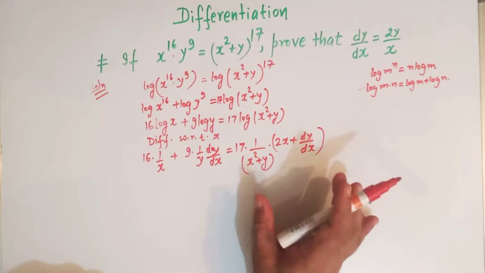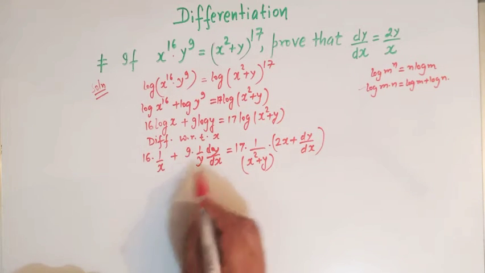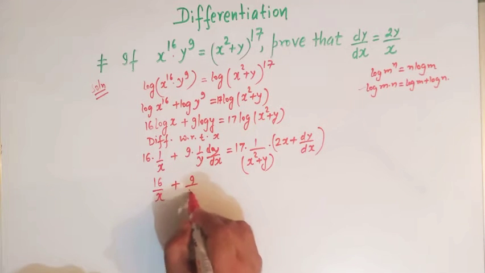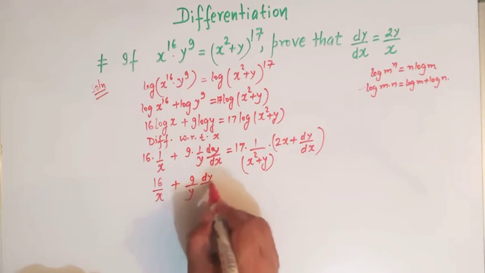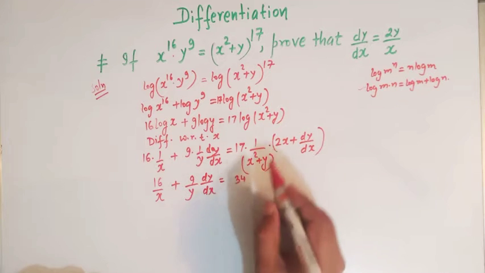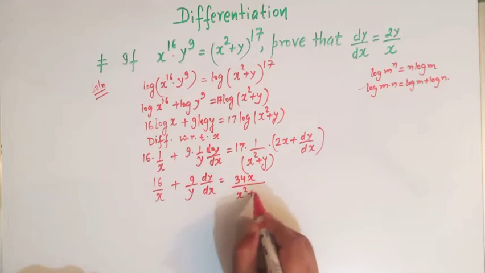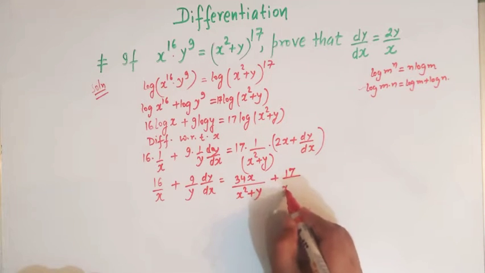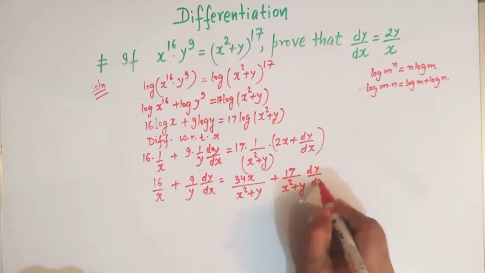Now here our aim is to simplify this expression. So here we have 16 over x, this is 9 over y dy over dx, and this expression can be written as 34 times x divided by (x square plus y) plus 17 by (x square plus y) dy over dx.